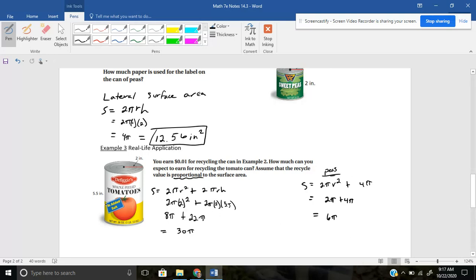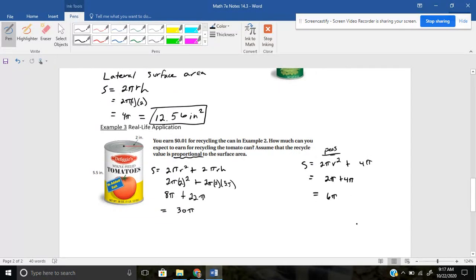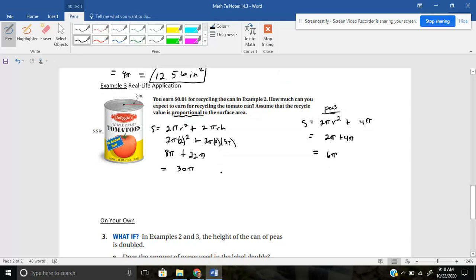For my tomatoes, my total surface area is 30 pi. Now the question says we earn a cent or a penny for recycling the peas. How much can you expect if these two are proportional? That the recycling value is proportional to the surface area. Well, let's set up a proportion for that then.